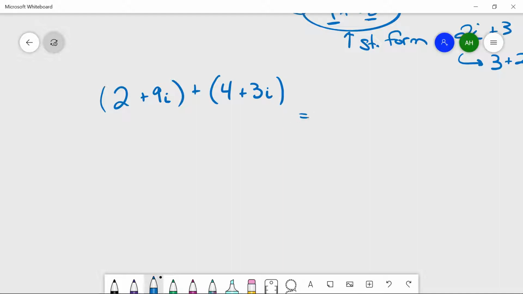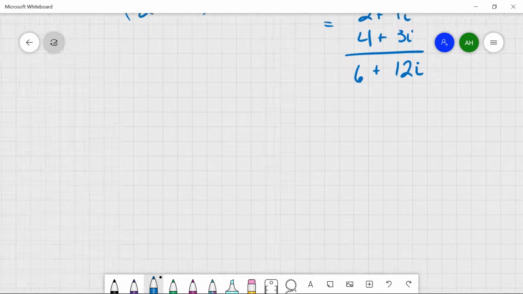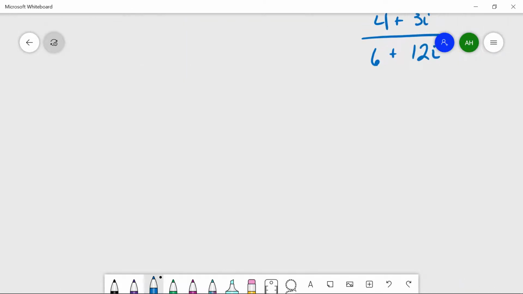So this would be the same as 2 plus 9i, 4 plus 3i. It's going to give me 6 plus 12i. So we're just going to add like terms there. All right, easy enough.